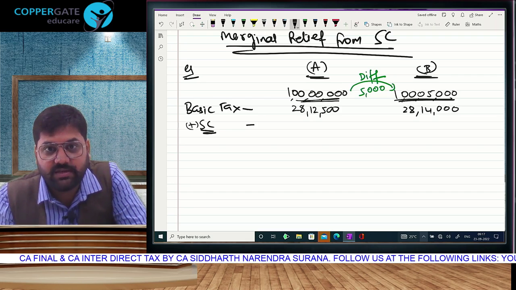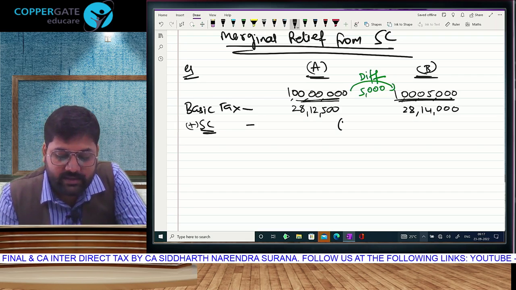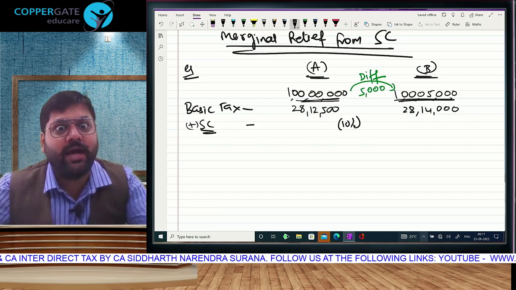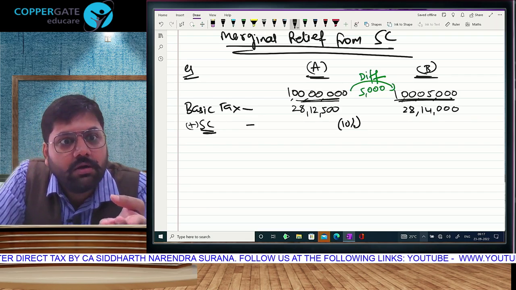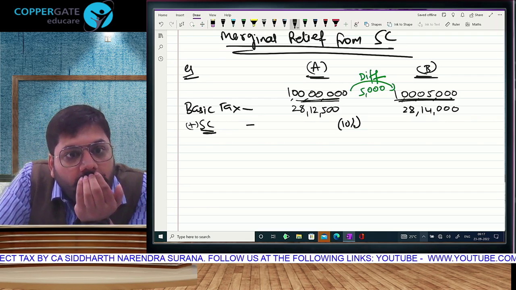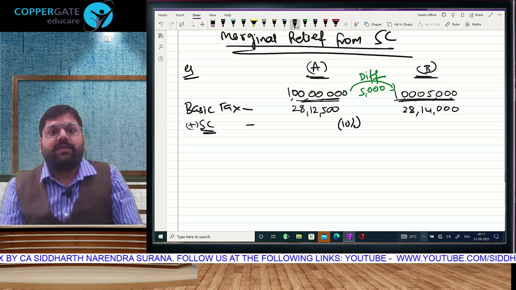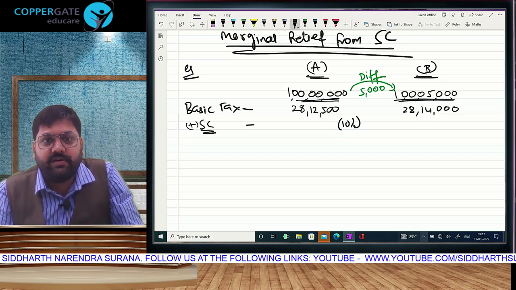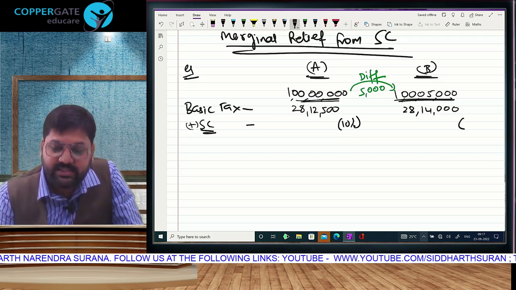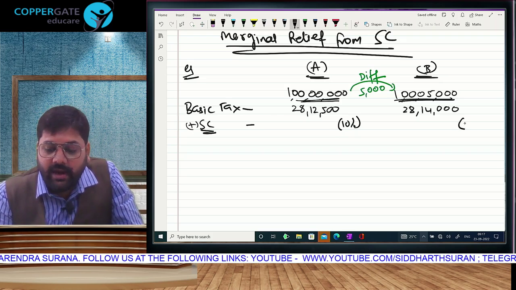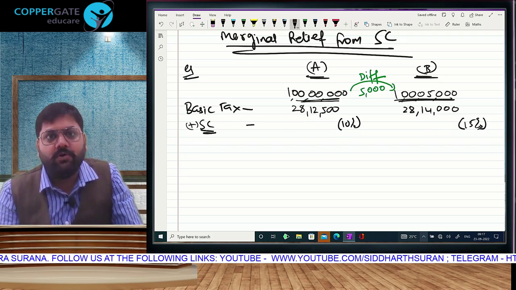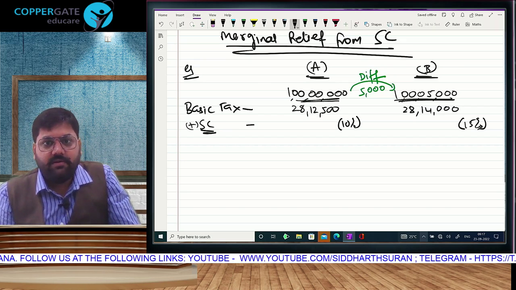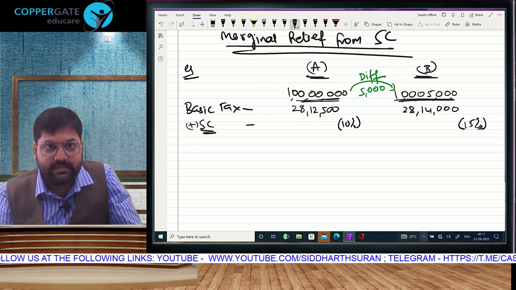What is the rate of surcharge? 10. Sir, why 10? This has become 1 crore, so 15? No, 1 crore. Greater than 1 crore, then it is 15. This is equal to 1 crore. 10. What about assessee B? Had it been 1 crore and 1 rupee, it would be 15. Correct? You agree with these rates?